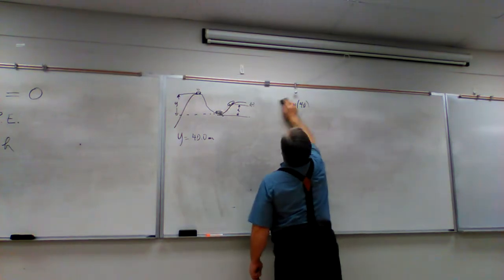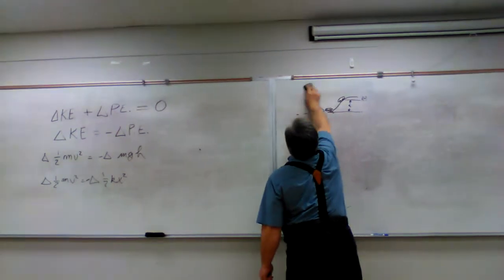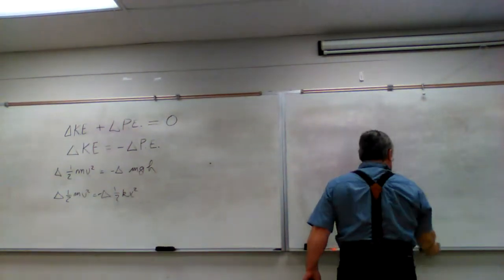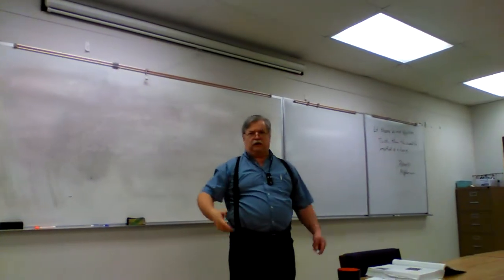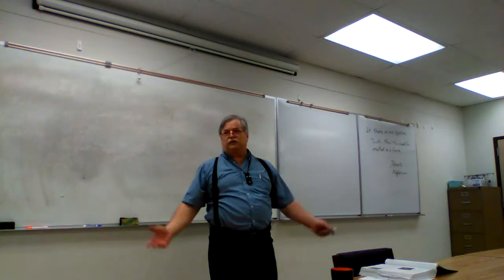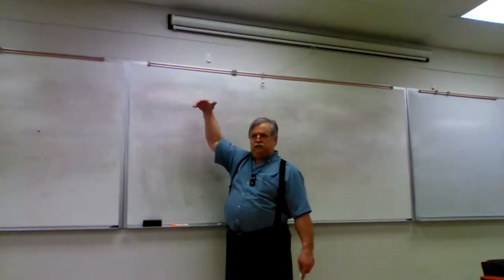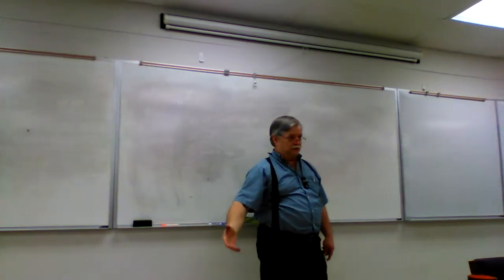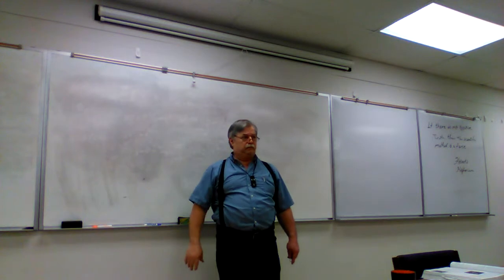I would point out to you that we started off with an initial kinetic energy of 0. But what if it had started off with a kinetic energy of, it was moving at 2 meters per second as it rolled across the top of that hill? Because if you've ever ridden a roller coaster, you know that that chain drive drags you up the first big steep hill.